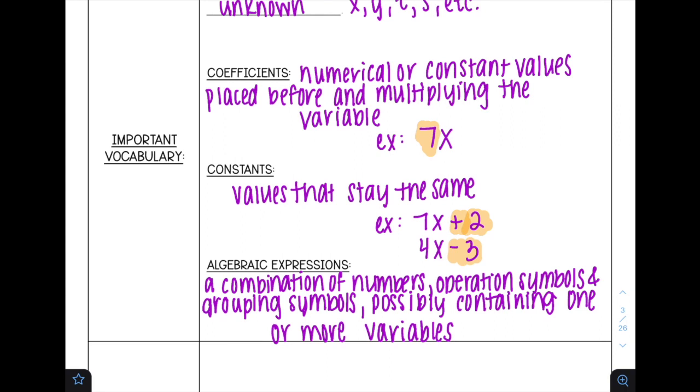So while talking about translating expressions, there are going to be certain keywords that you want to look for that give you an opportunity to switch the order. And this is going to become more apparent when we get to the practice.